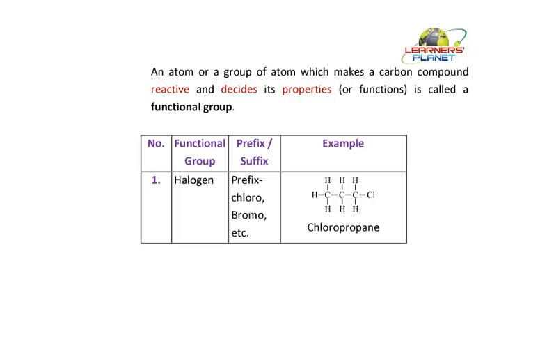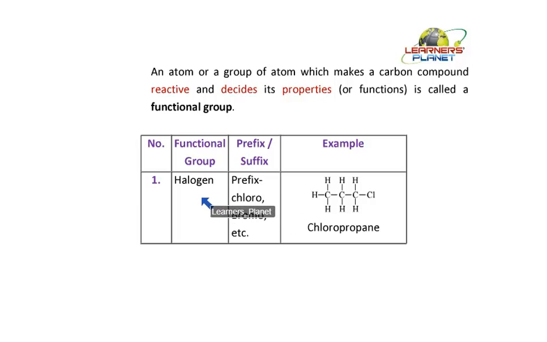Now in this case, what is it here, students? An atom or group of atoms which makes a carbon compound reactive and decides its properties is called a functional group. Whatever atom or group of atoms is making that compound reactive and also deciding its properties, that is called a functional group.